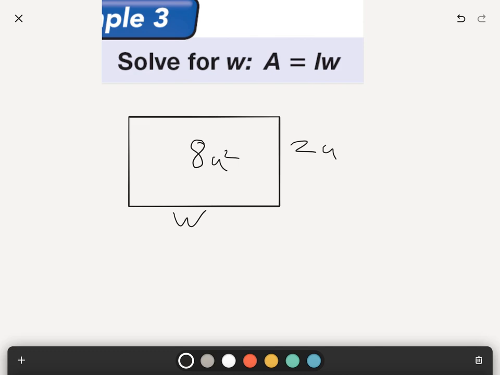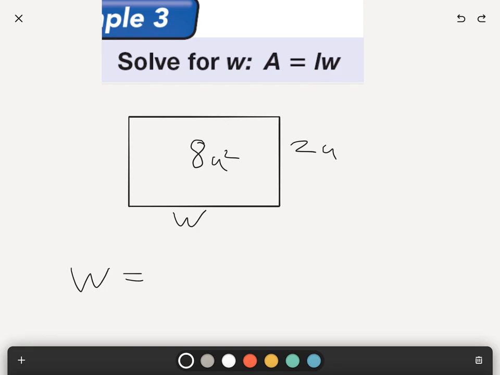You could come up with a kind of handy formula for that. So what we want to do in this case is come up with an equation of W equals, and then everything else thrown in there.